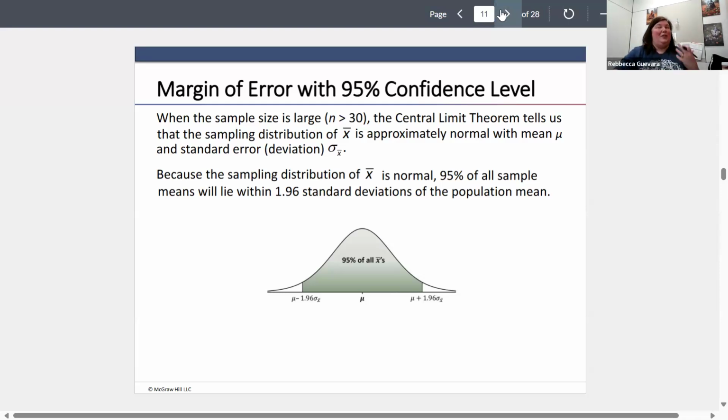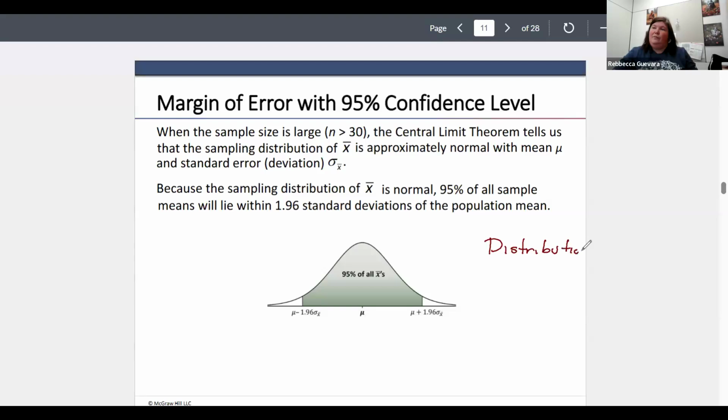But we do need to make sure that our sampling distribution, our distribution of x bars, is actually normal, or your confidence interval actually makes no sense. So the distribution of x bar has to be normal.